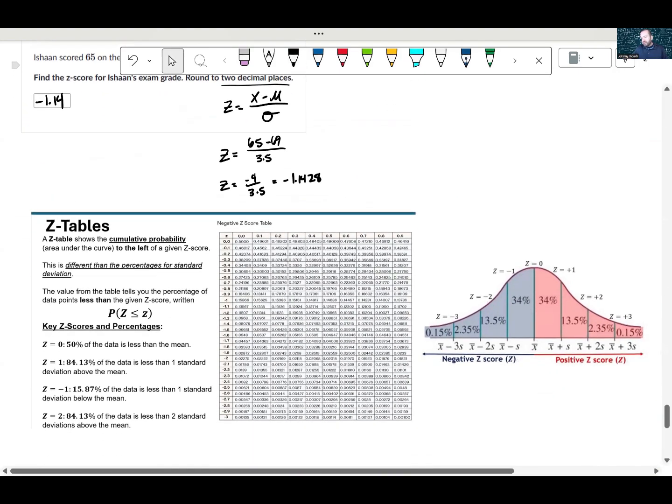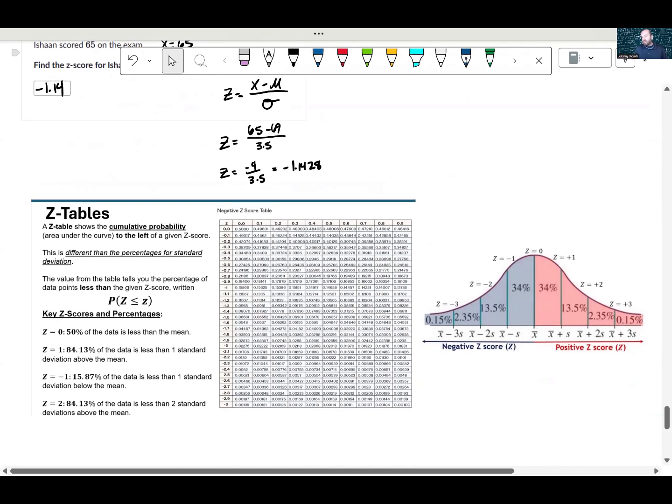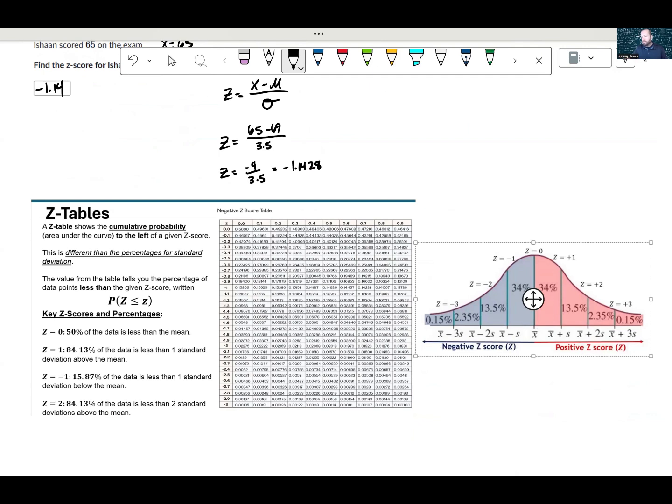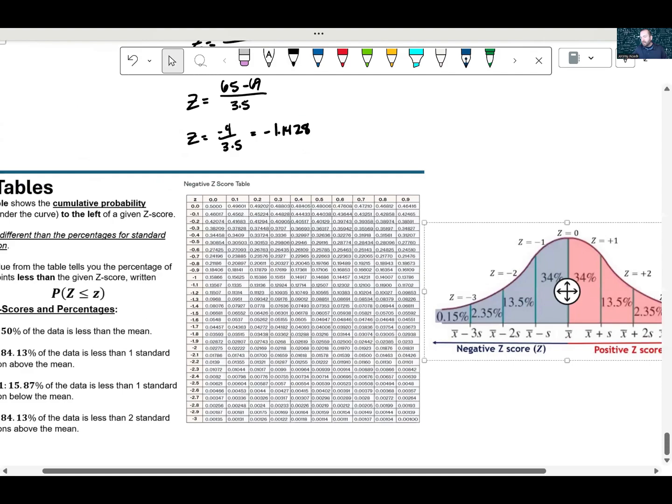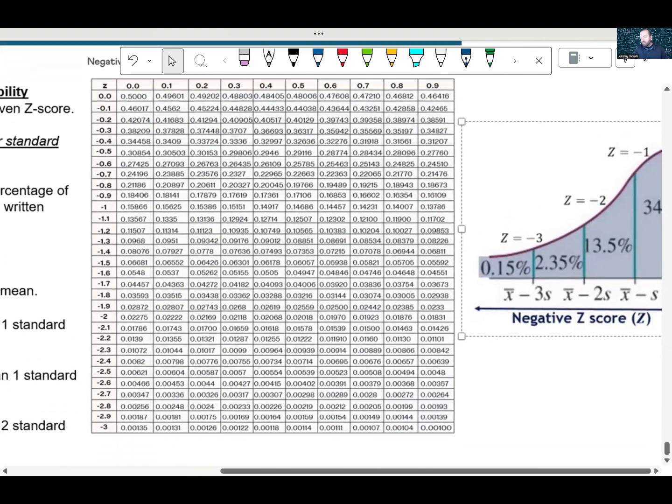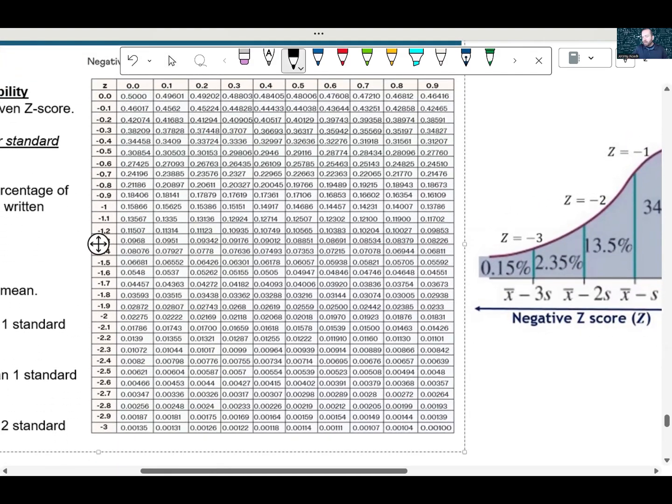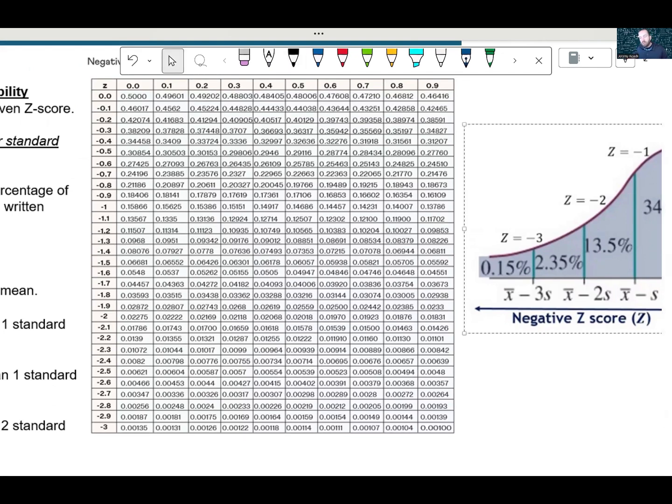Okay, so when you get the z-score, there's something called a z-score table. And we have two different tables, one for negative z-scores and one for positive z-scores. But these tell us the percentages for standard deviations by looking at the z-score table. So we would go to our table, in this case, negative 1.14, and we'd look for where that's located. So we're going to find negative 1.1 first, which is right here.